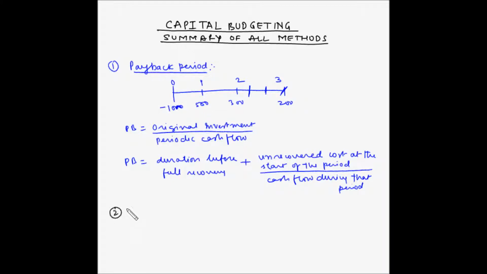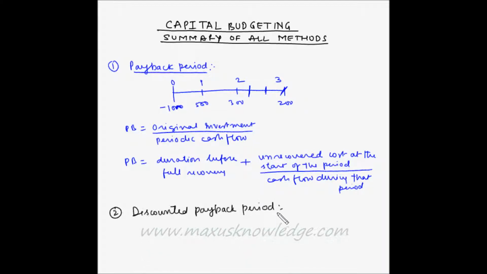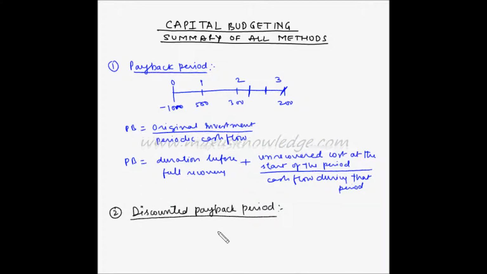Now the second method we'll look at is the discounted payback period. So this method is similar to the regular payback period method.